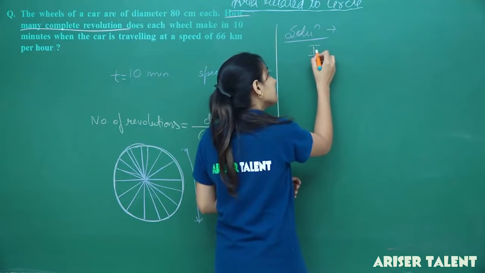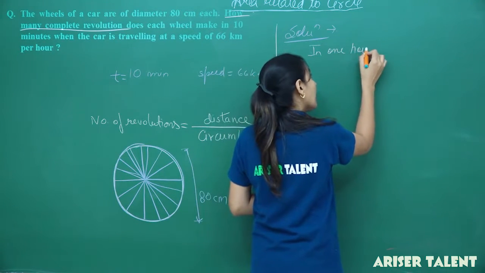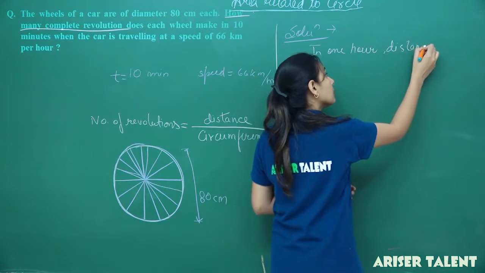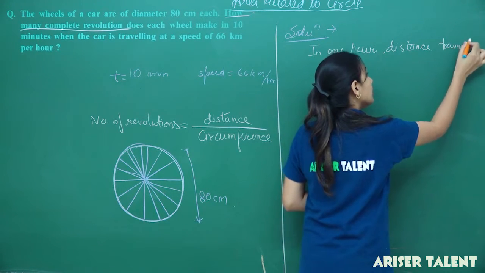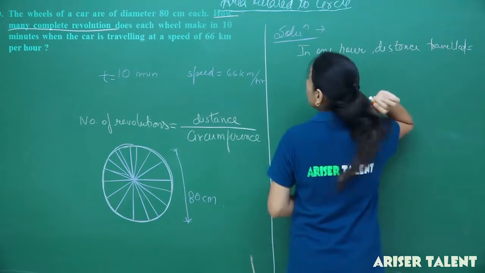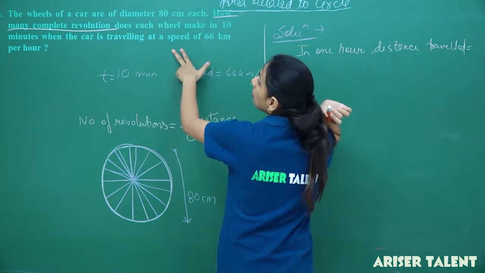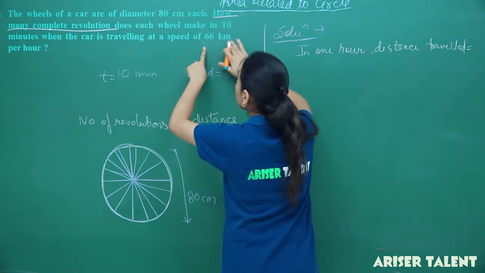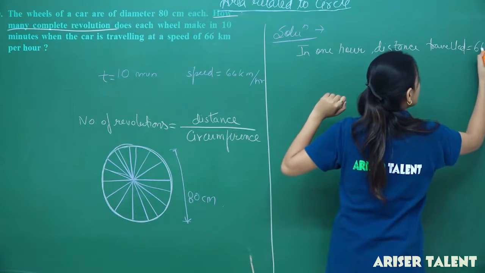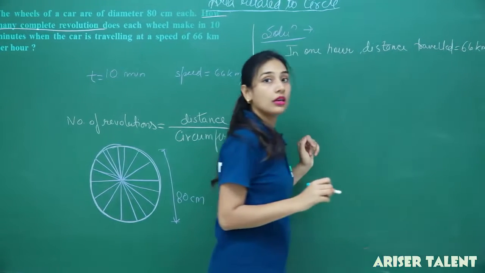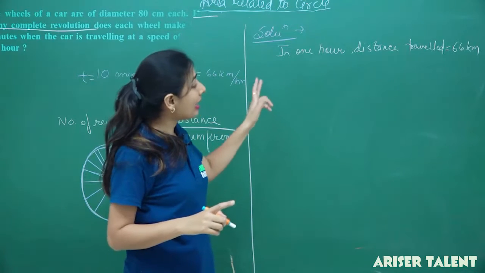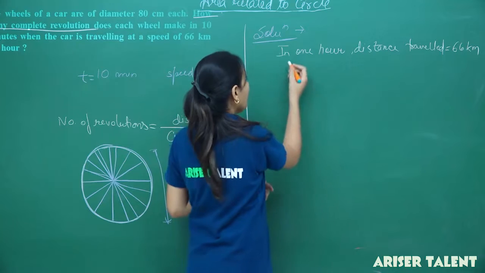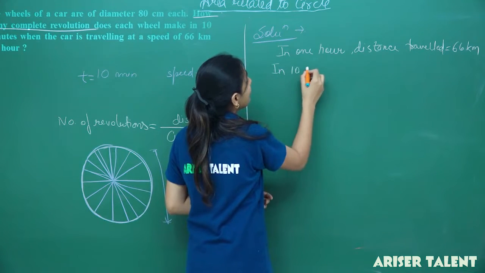In 1 hour, the distance traveled is 66 kilometers. So in 1 hour I have a distance of 66 kilometers. So what will I have in 10 minutes?